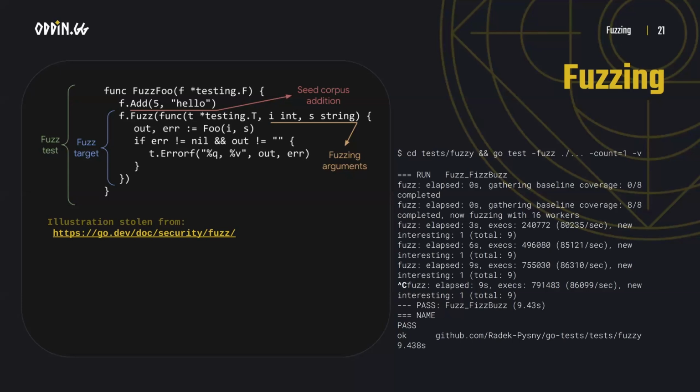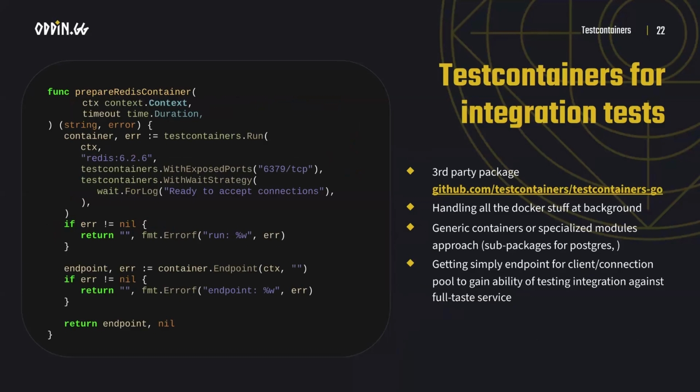Basically, it works in the way that you put there some corpus, like the seed, and then it starts a generator for producing reasonable inputs for your function and testing whether all your assertions still work well or not. This is just an easy example. You could try it yourself. And by the way, it's not that easy, but you may put some constraints on the input.